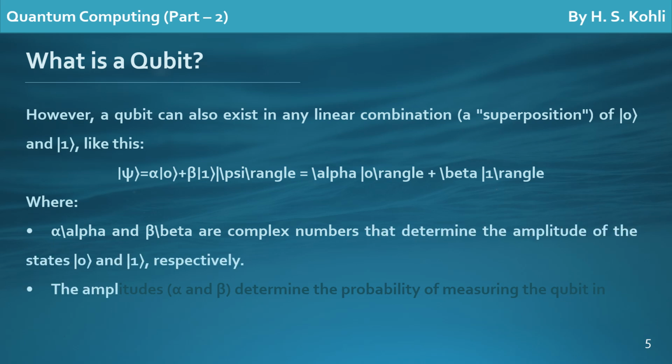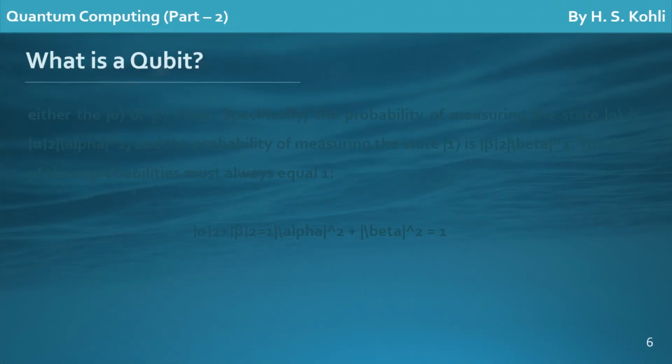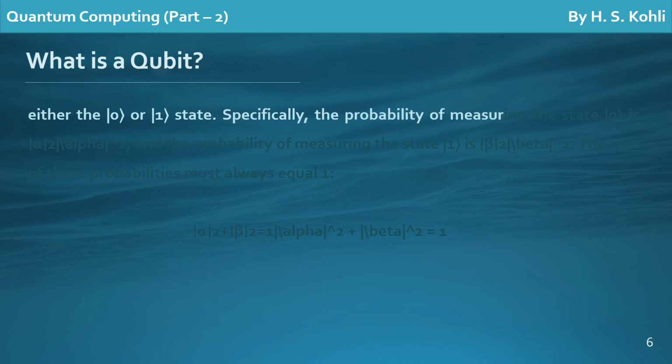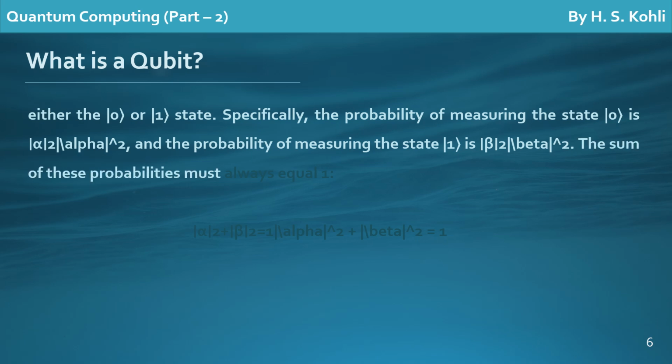The amplitudes, alpha and beta, determine the probability of measuring the qubit in either the ket 0 or ket 1 state. Specifically, the probability of measuring the state ket 0 is |alpha|^2, and the probability of measuring the state ket 1 is |beta|^2. The sum of these probabilities must always equal 1.